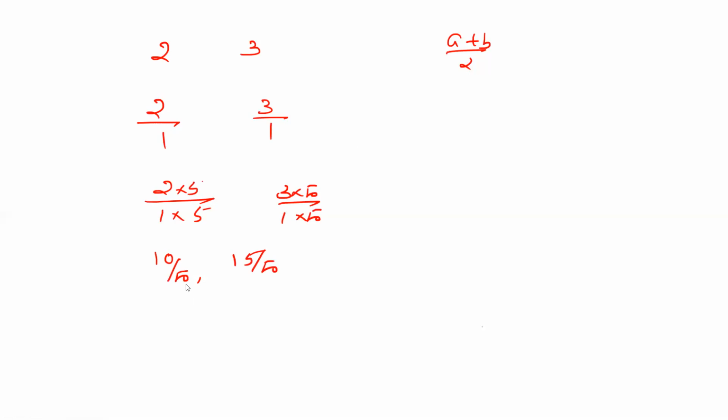Now between 10 by 5 and 15 by 5, how many rational numbers are there? 11 by 5, 12 by 5, 13 by 5, 14 by 5. We got the rational numbers 11 by 5, 12 by 5, 13 by 5, 14 by 5.